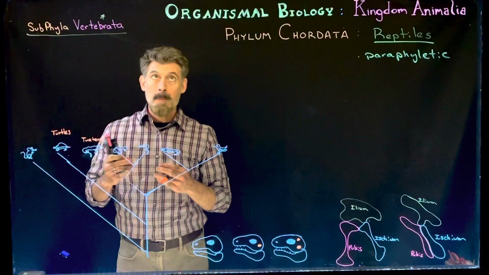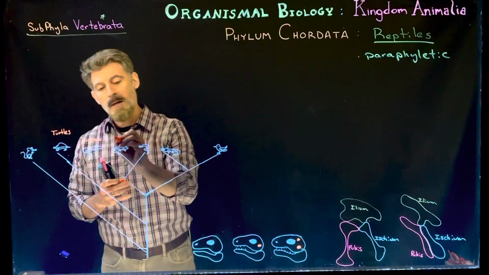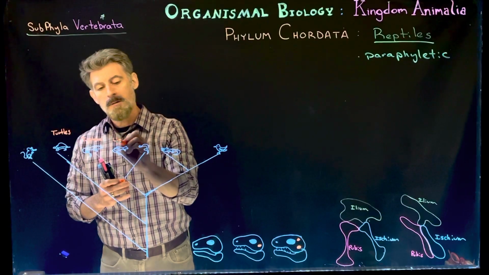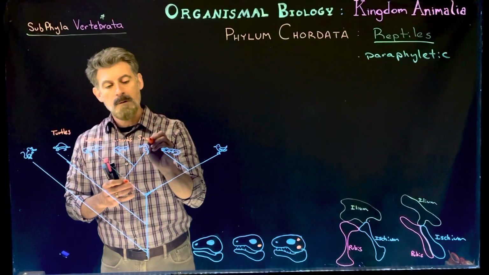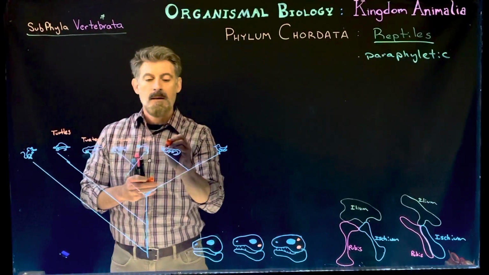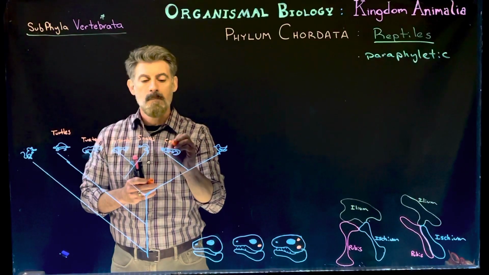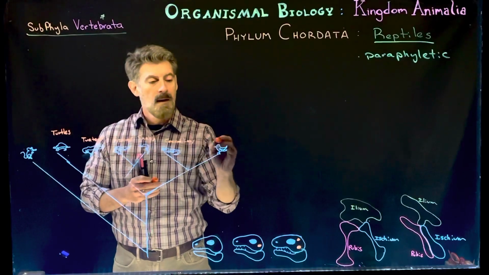They have a double row of teeth and a couple other features that separate them from actual lizards. Snakes are very close to the lizards, although they don't have legs. They share other features. Then we have the crocodilians. And then the birds.